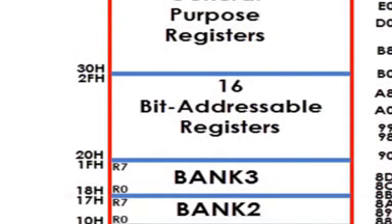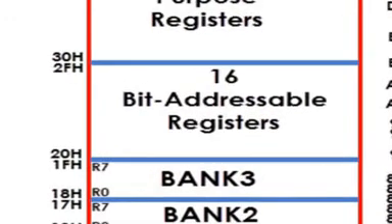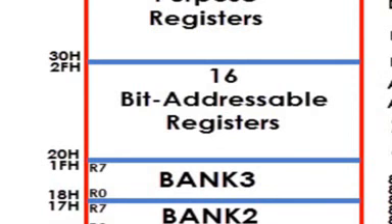So you can manipulate each bit individually. If you have a 1 byte register or 8-bit register, instead of rewriting or manipulating the complete 8-bit register, you can manipulate 1 bit individually. So this is the bit addressable register. If you want to do that, you should always use the 20H to 2FH locations only.